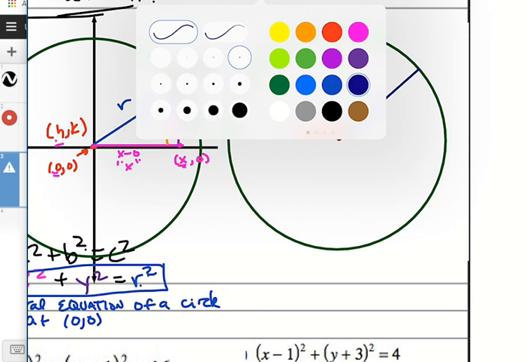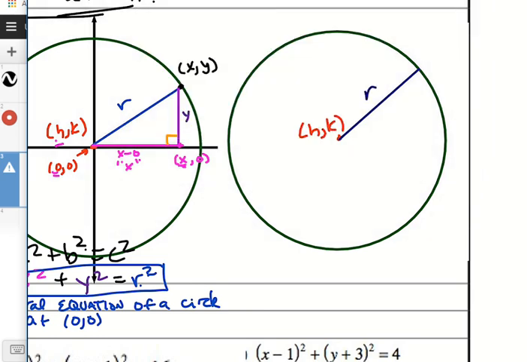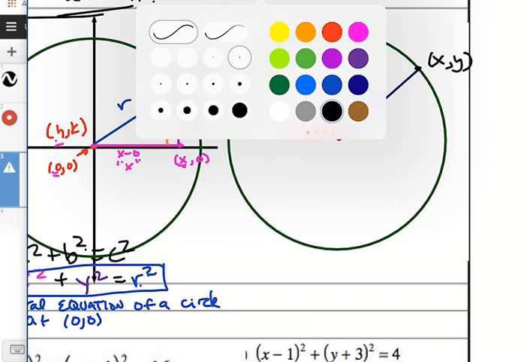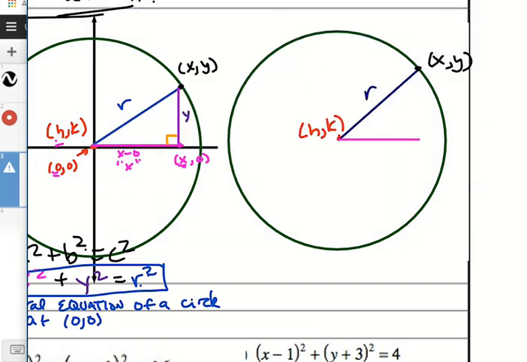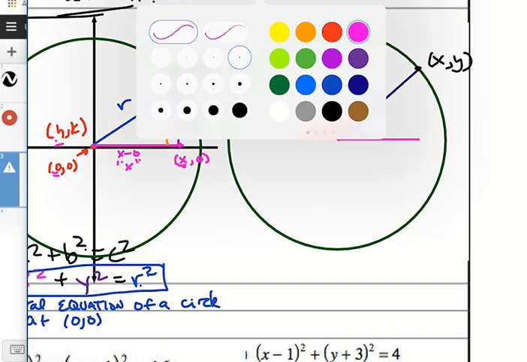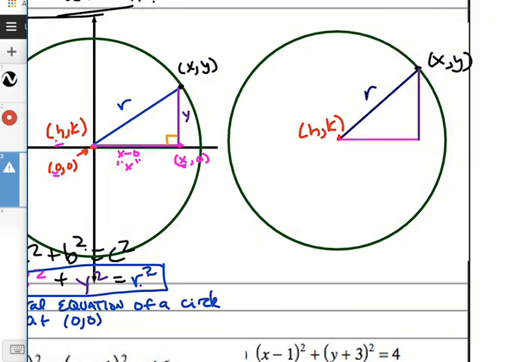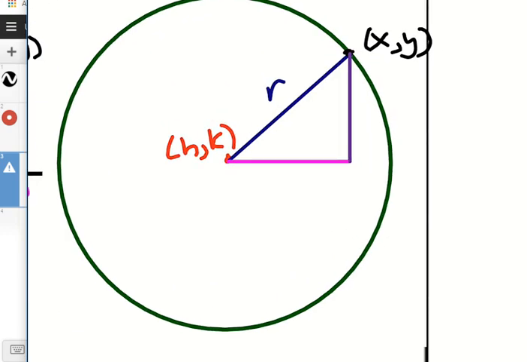And we can still recreate the triangle, which will help us map these values. The trouble, of course, comes in with having to define this, but we can share the x value with the point above us, and we can share the y value with the point to the left of us, which means this distance is really going from h to x, so this is still x minus h, and the value up and down is still y minus k.